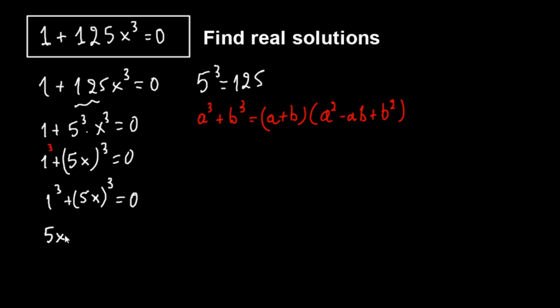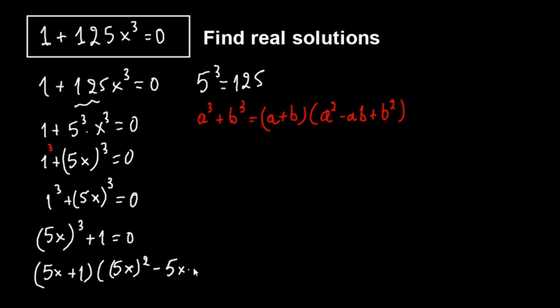So we have 5x to the third plus 1 equals 0. And now let's substitute with the known identity. So this is written 5x plus 1 times 5x, and all of this squared, minus 5x times 1 plus 1 squared equals 0.